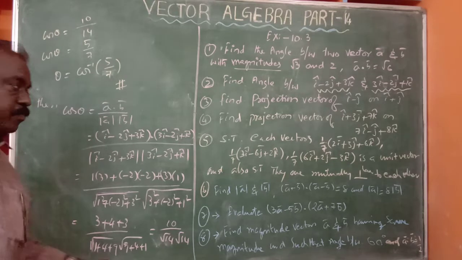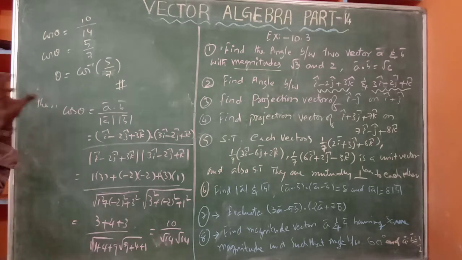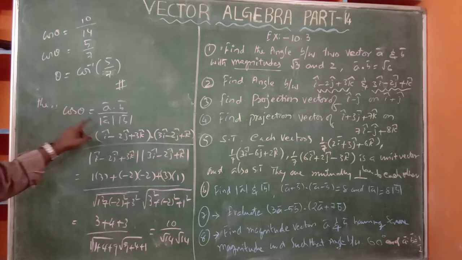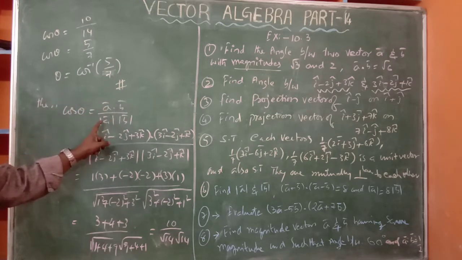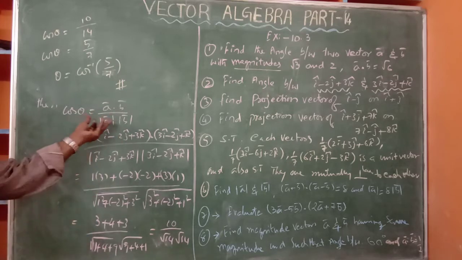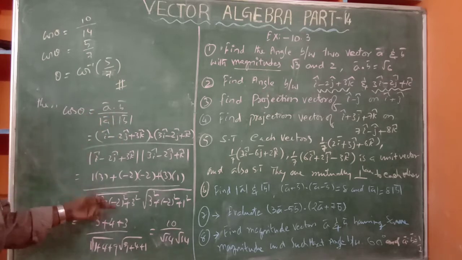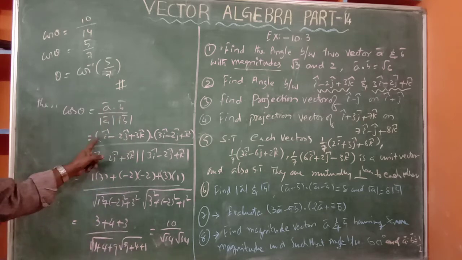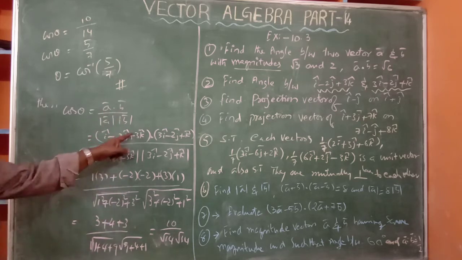Is it clear? Here we are using the fundamental concept: A bar dot B bar is equal to mod A bar mod B bar cos theta. Then cos theta is equal to A bar dot B bar by mod A bar mod B bar. The modulus of A bar is the square root of the sum of squares of components, that is 1 square plus minus 2 whole square plus 3 square.